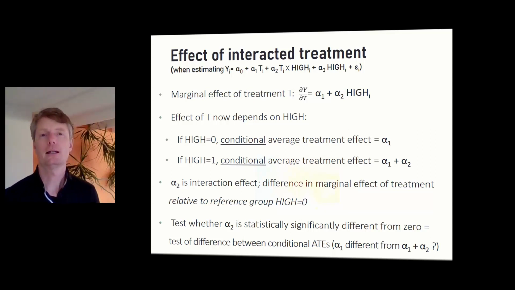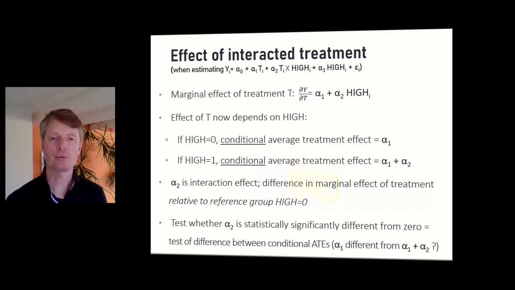What's new here is that the effect of the treatment now depends on the value of high. And in this simple case of a binary interaction term, the treatment effect can be either alpha 1 when high is 0. So that's the conditional average treatment effect when high is 0 for the baseline group. And we also have a conditional average treatment effect for the high is 1 group, which is equal to alpha 1 plus alpha 2 times 1, i.e. alpha 1 plus alpha 2.